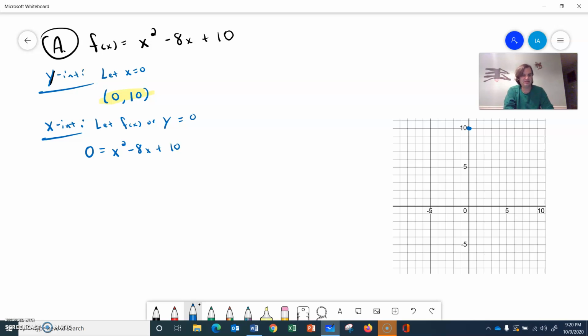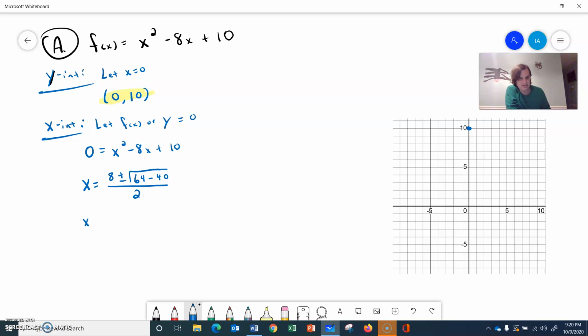I could play with this for a little bit and try to factor it, but I do not believe it factors. So I'm going to use the quadratic formula. Negative b will be 8, plus or minus the square root of b squared will be 64, minus 4ac will be minus 40. All that is over 2a, which will be 2.